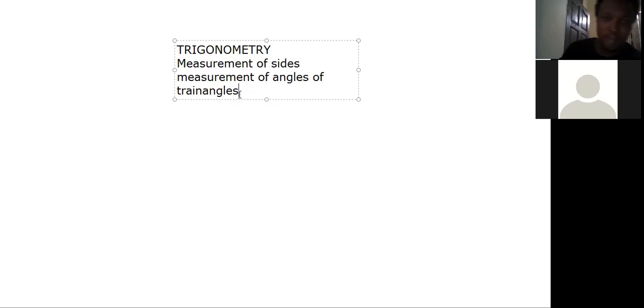Now, having explained what trigonometry itself is, we are going to delve much deeper into what we call the theory of Pythagoras. As we know, when we are talking about Pythagoras, the first thing we consider is a right angled triangle. That's enough to help us understand what it means.